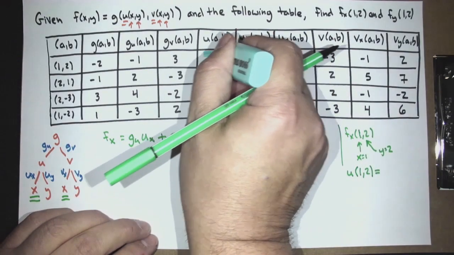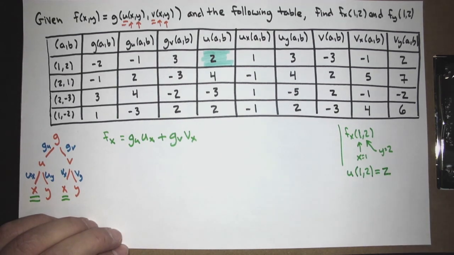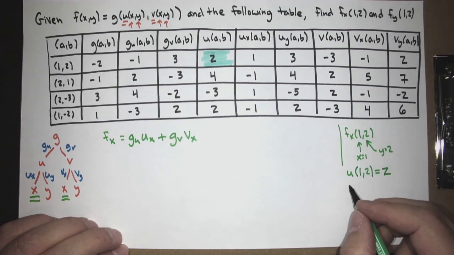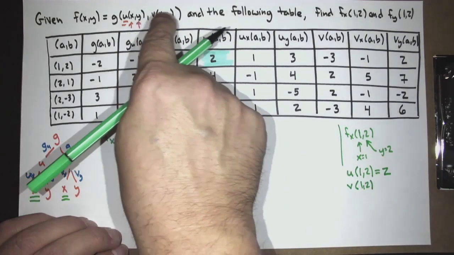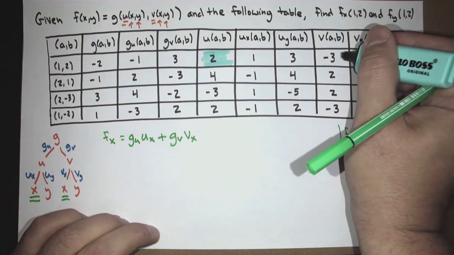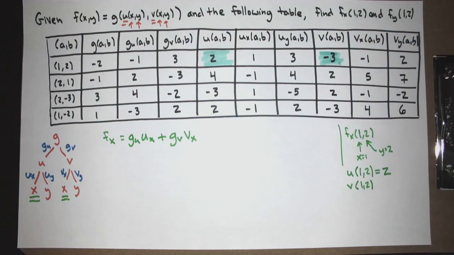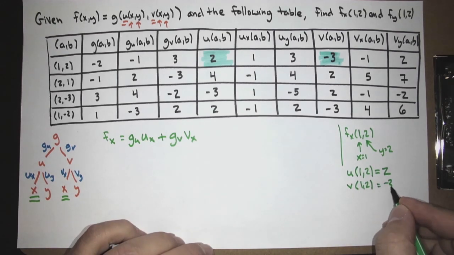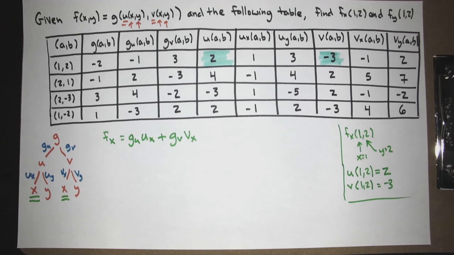We come over to the right slot. u of 1, 2 is 2. Do we know what v is? Well, plug in, because v depends on x and y. v of 1, 2? Negative 3. All right. So why do I point this out?